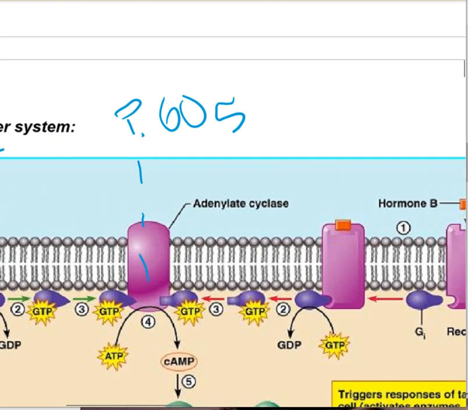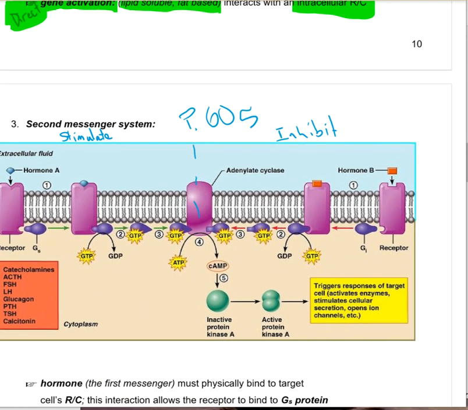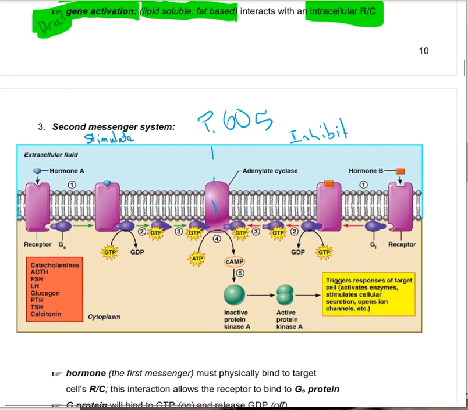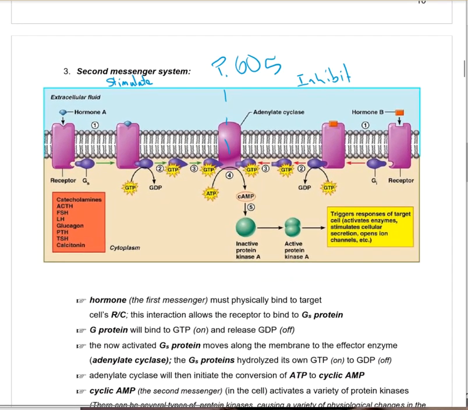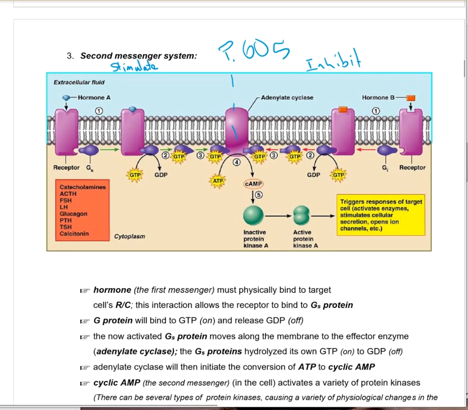On this side, we're showing a different hormone that would inhibit this cell from doing something. So if it was secreting something, this side of the picture is going to inhibit it from secreting. Okay? So there we go.